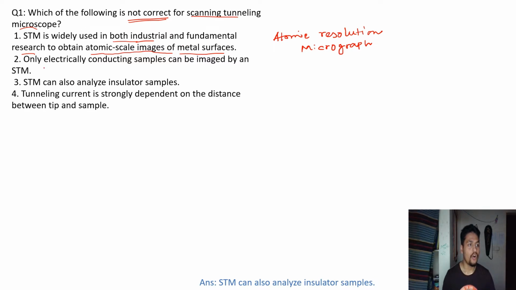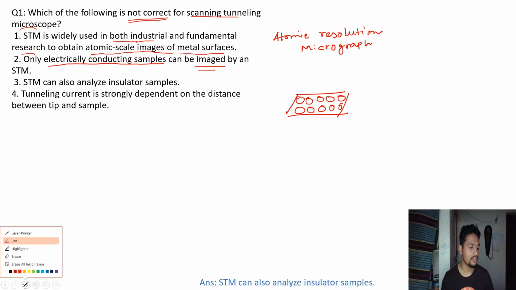And then: only electrically conducting samples can be imaged by an STM. So in case of STM, let's say this is a surface with surface molecules arranged somehow, and let's say there are some adatoms there.